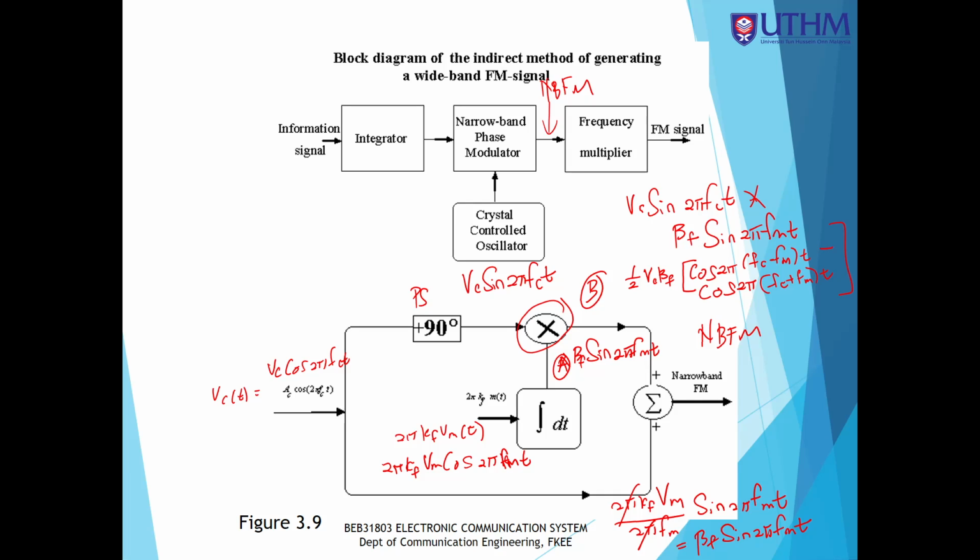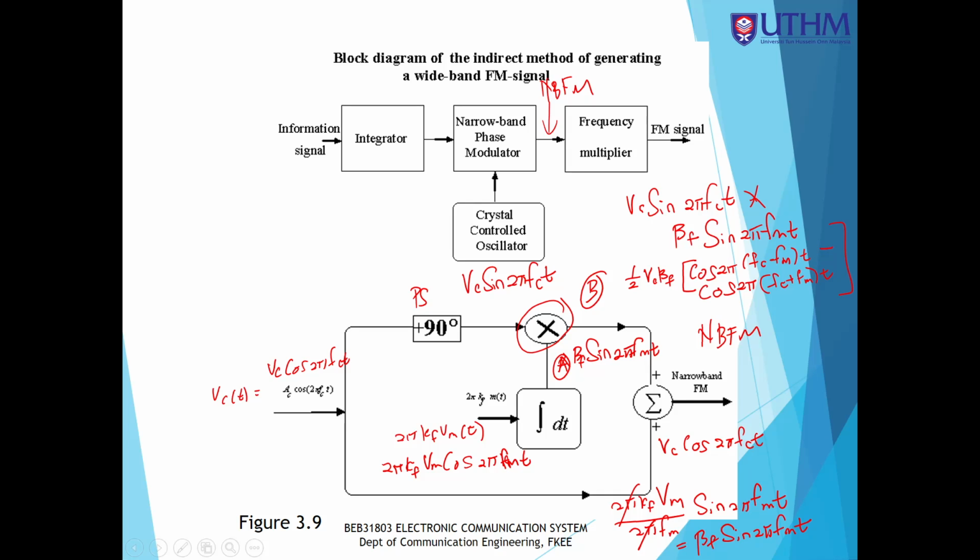So di bawah sini adalah VC cos ni. So di sini adalah VC cos 2 pi FCT. So ini tambahkan dengan nilai yang atas.